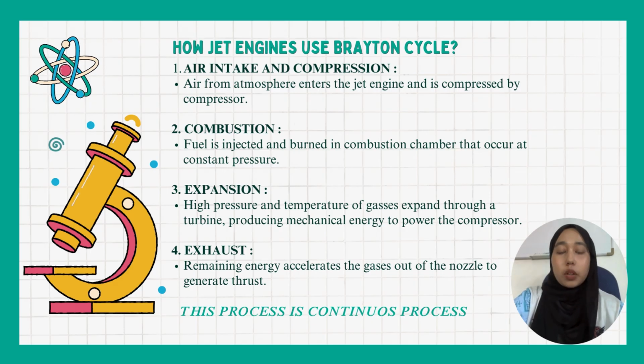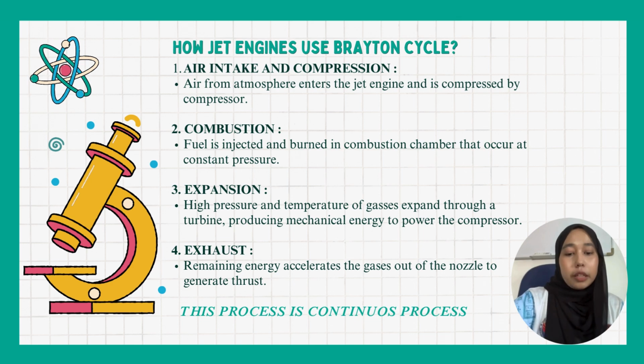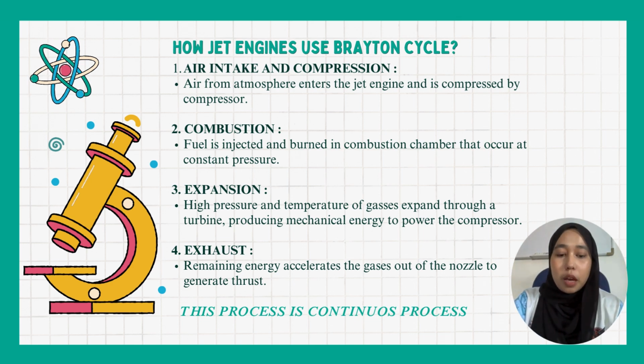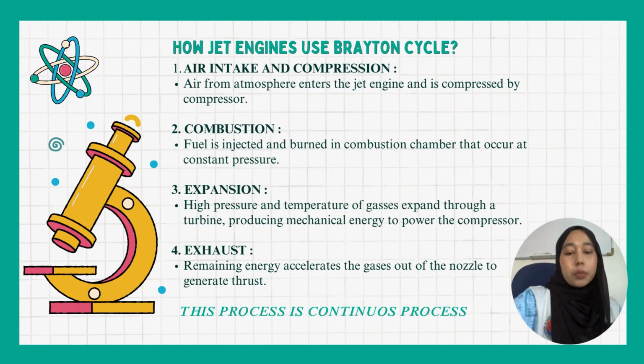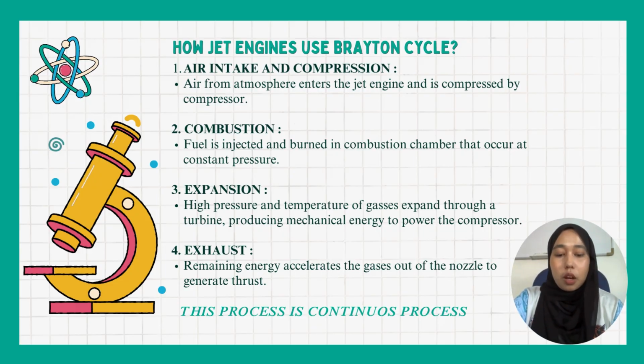Combustion takes place at constant temperature. Hence, the temperature and energy of the gases increase rapidly. These hot, high pressure gases expand through a turbine to produce mechanical energy. The remaining high speed exhaust gases expand through a nozzle to produce thrust that propels the aircraft forward. All of these processes are continuous.